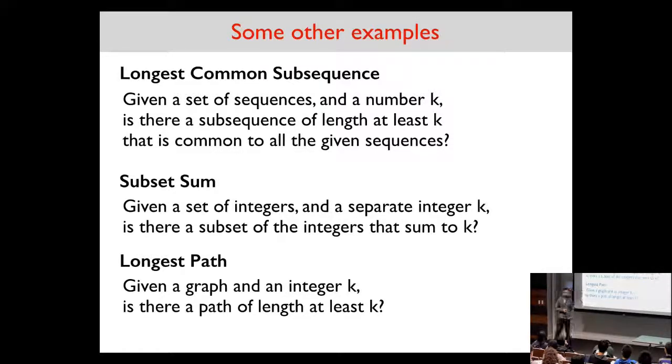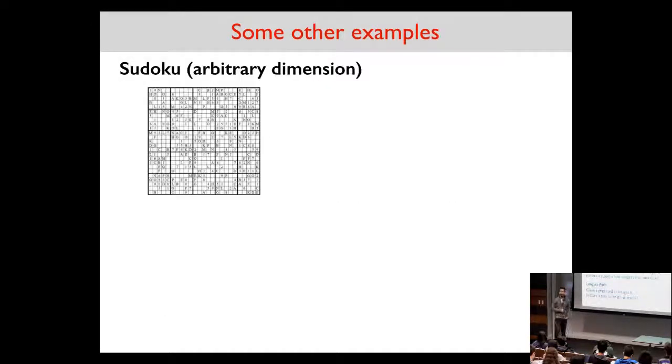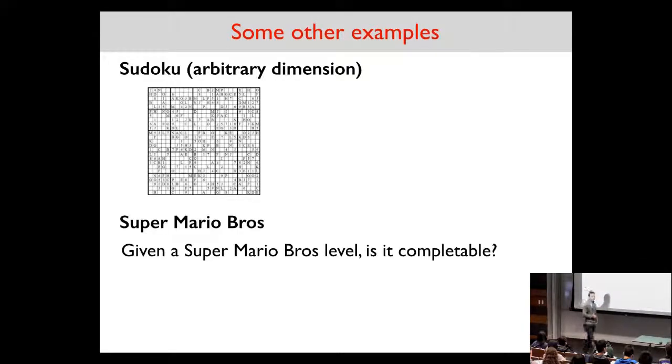Longest path problem: given a graph and an integer k, is there a path of length at least k? This should be somewhat surprising, because if you ask for the shortest path, that's polynomial-time solvable. If you ask for the longest path, that's NP-complete. Sudoku, when you have arbitrary dimensions, is NP-complete. Super Mario Brothers.